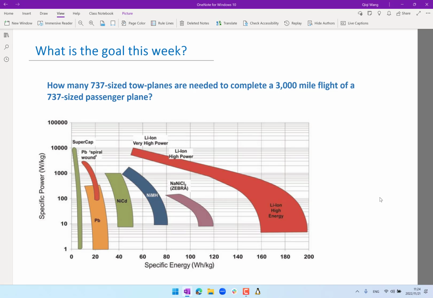And divide that by how much energy can be reasonably stored in the 737. If you get rid of the fuel tanks and the passengers, then you know how many of these airplanes have to take off and land. All right, any questions for that?